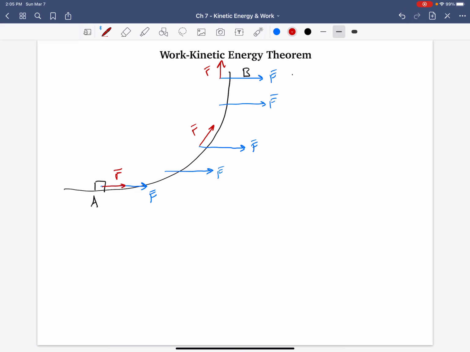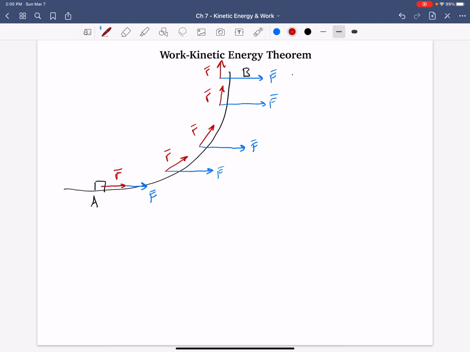It would always be parallel to the curve at that point. Something like that.